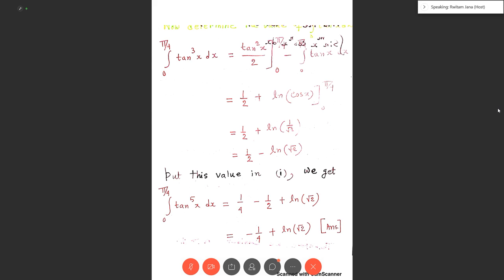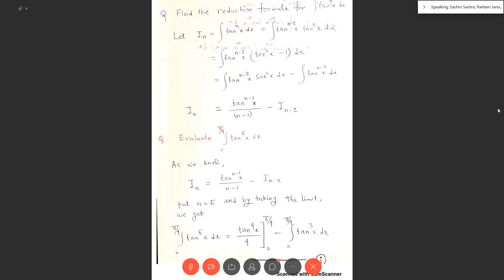Yes, Sachin, you can ask me. This thing is, sir, actually the previous one, meaning tan cube x. Yes, see, just put n equals to 5. If you put n equals to 5 in the reduction formula, then you will get I5 is equal to tan to the power 4x divided by 4 minus I3.